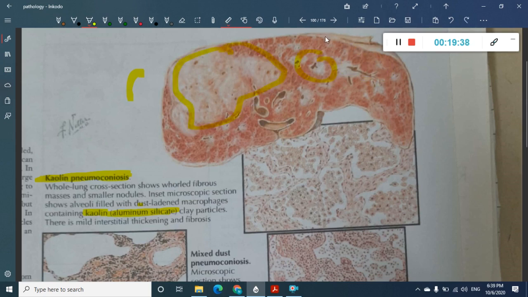Remembering all this is not necessary, I am just giving them for an idea. So kaolin or aluminum silicate results in these opacities. If you see microscopically, you see many dust laden macrophages, which are seen in the alveoli.